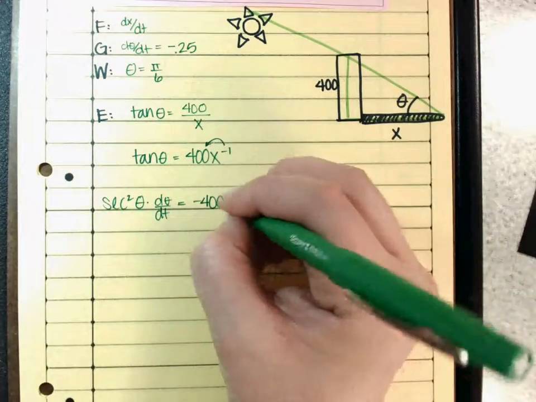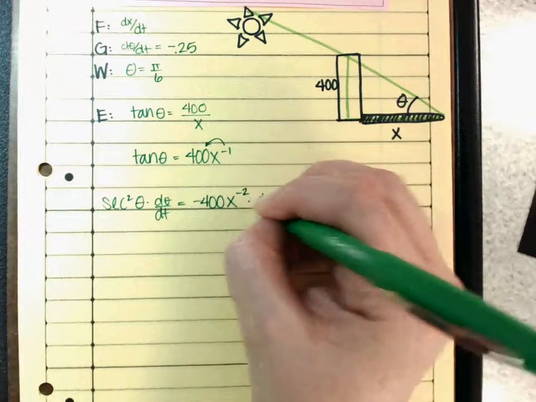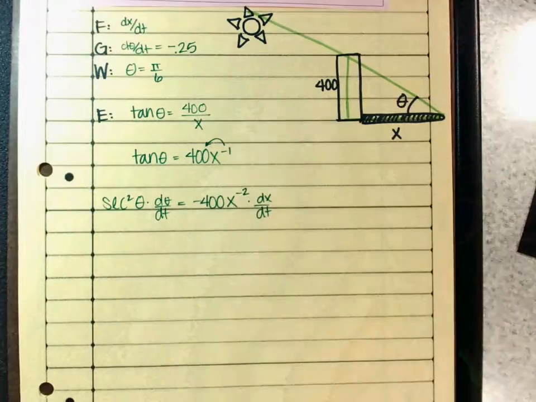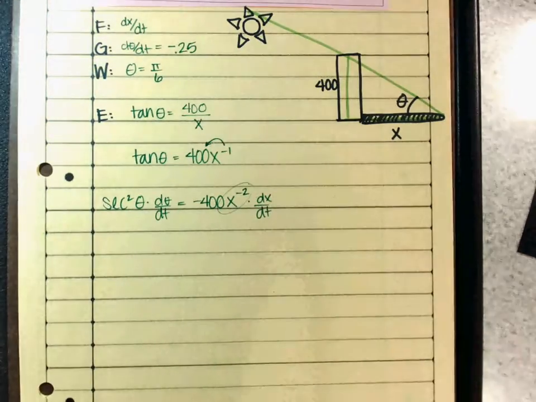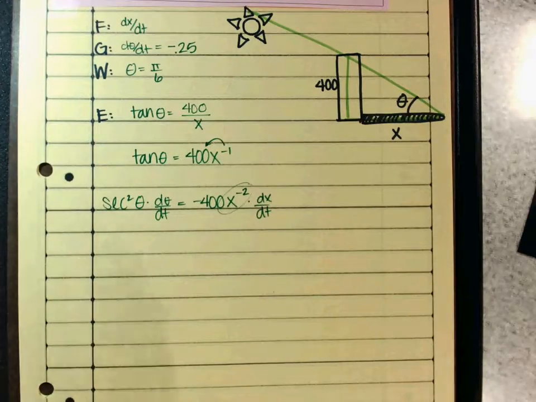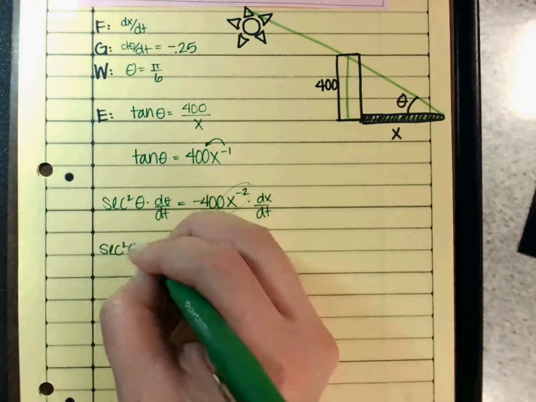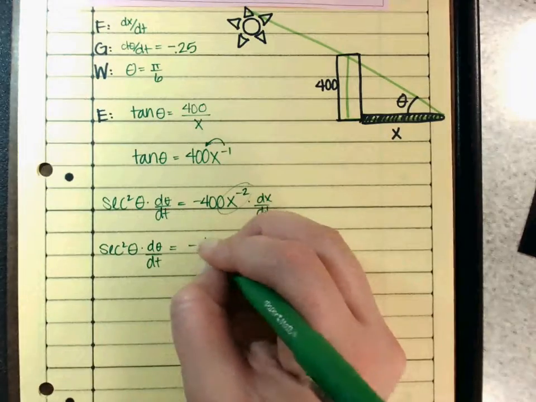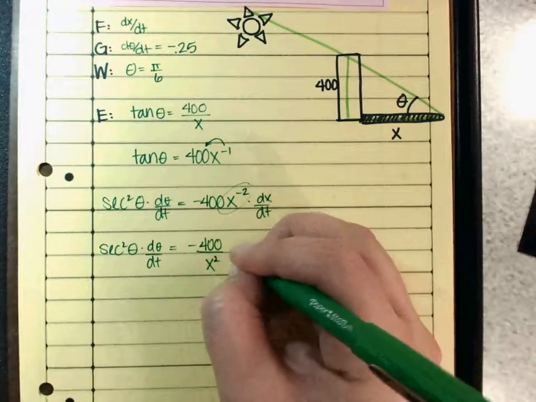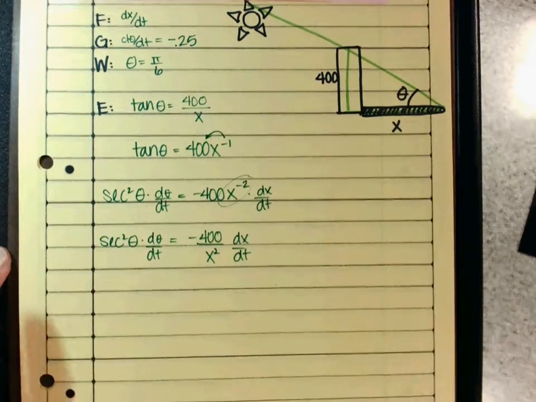My x is now to the what power? Negative 2, then dx/dt. Very good. Then I'm going to make that x to the negative 2 a fraction. So it'll be secant squared theta d theta/dt equals negative 400 over x squared dx/dt. Okay, any questions?